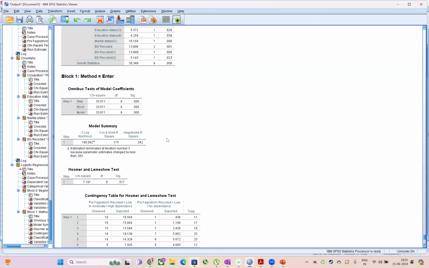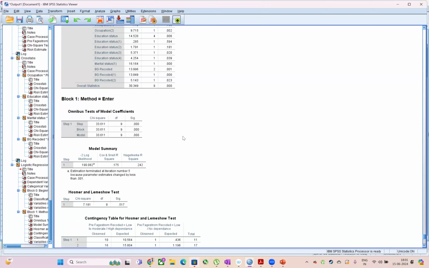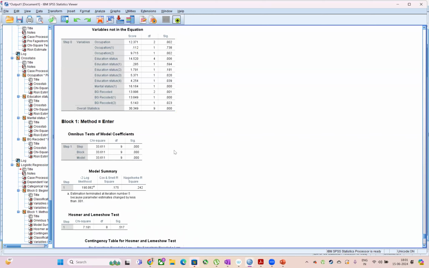So what you need to understand is that 24% of the variance in the dependent variable can be attributed to the independent variables, which are occupation, education, marital status, and socioeconomic status. I will say it again: this Nagelkerke R square, 24% of the variance in the dependent variable can be attributed to these independent variables. So this is the R square.